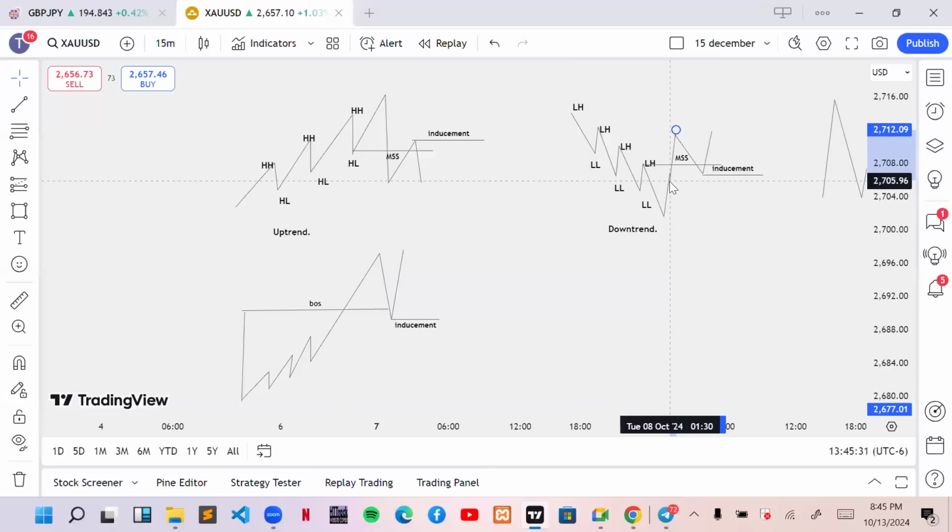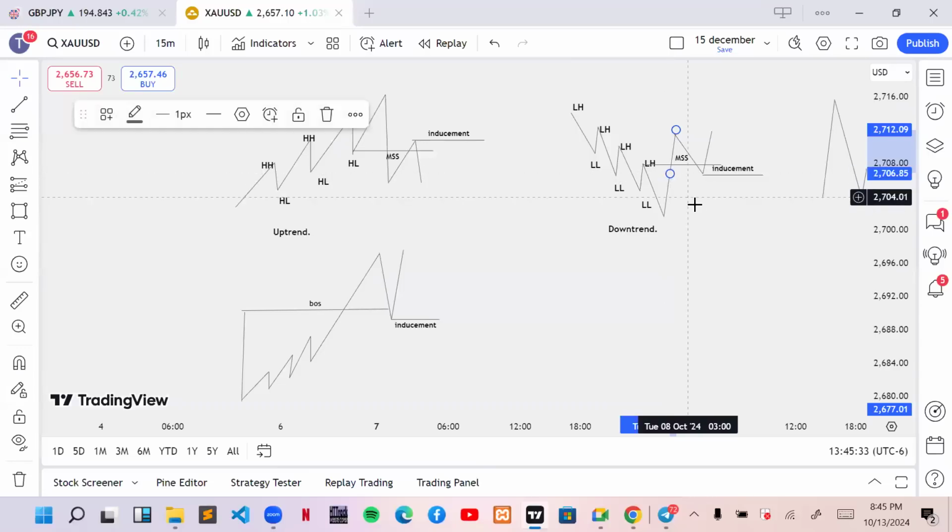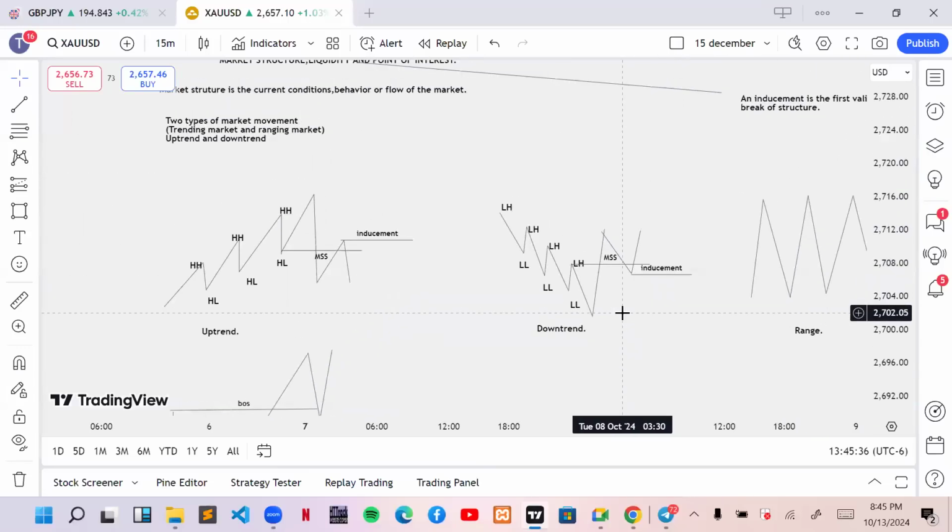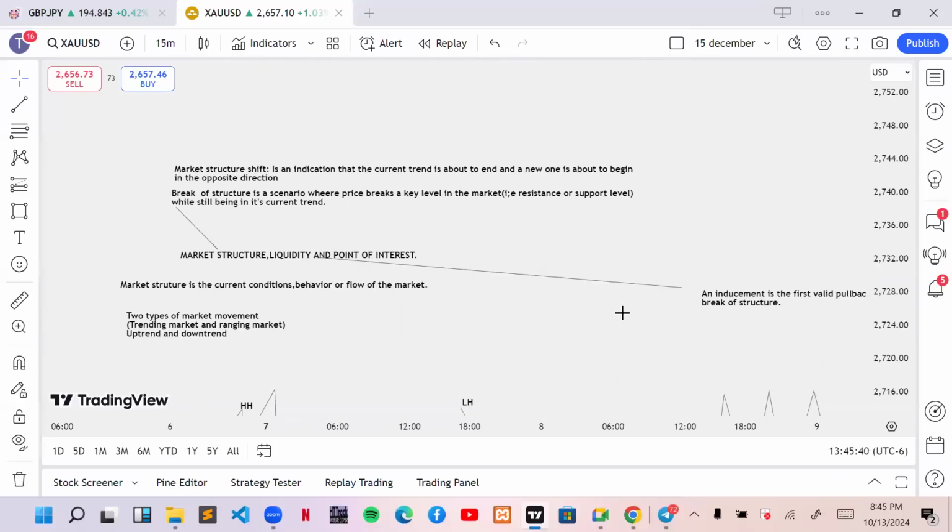Now it's time to go to the point of interest part of my strategy. There are 2 points of interest that I make use of: the order blocks and the breaker blocks. I'm just going to take the order block in this class. Then in the next class, I will take the breaker block. Most times you can see your market structure shift or your break of structure, you can see your liquidity, and you can see your order block.